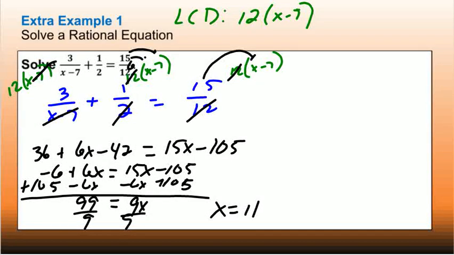If I put that in for x in my original one, I would have 3/4 plus 1/2 will give us 15/12.